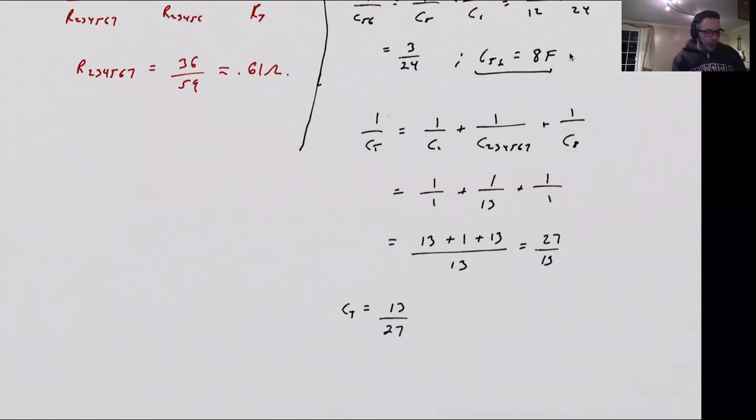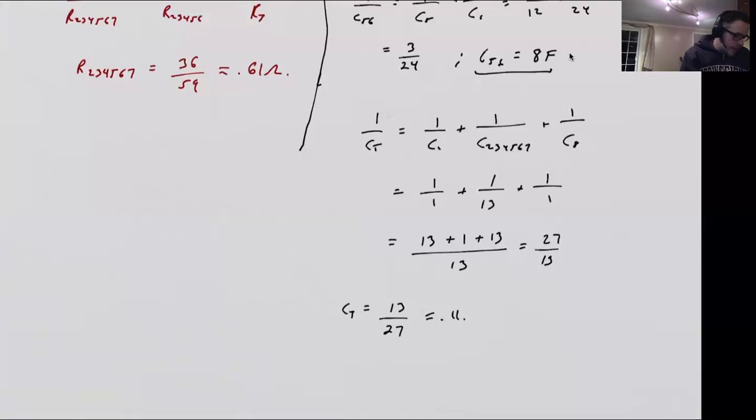But if you don't like working in terms of fractions, then we can just take our calculator. 13 divided by 27 is going to be about 0.1. Okay. Oh, that's not correct at all.